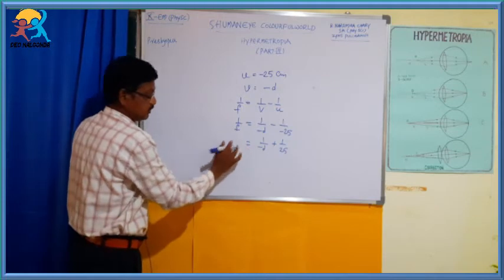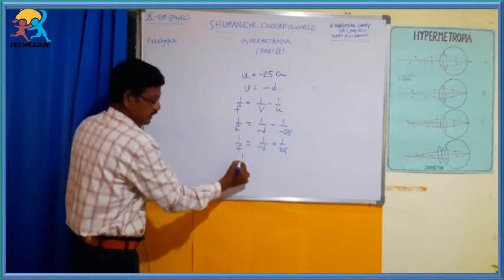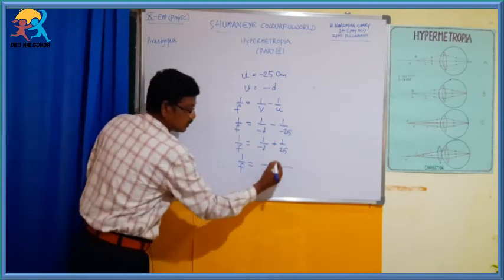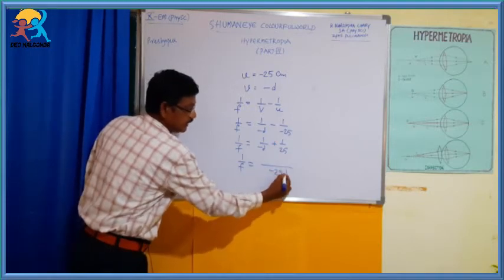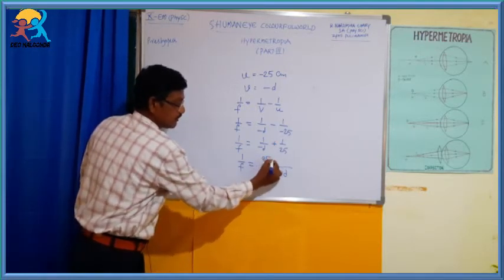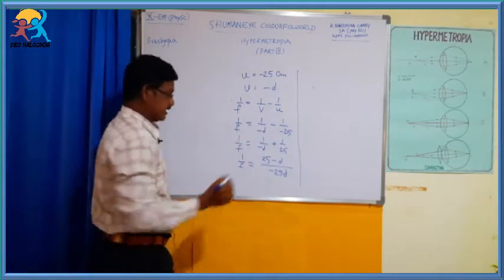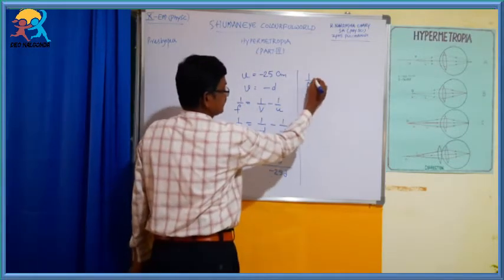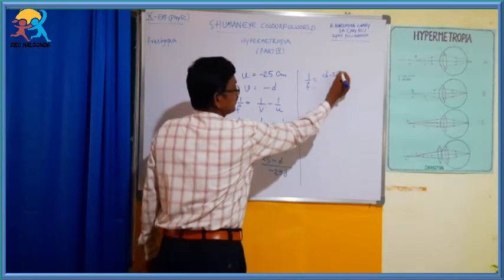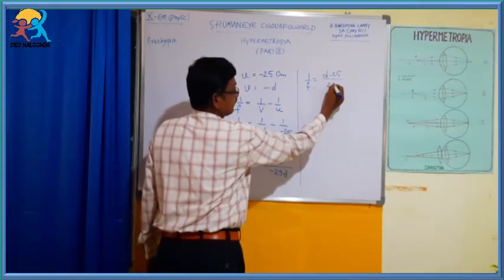Again, 1 by f equals minus 25 plus d by 25d, and further written as 1 by f is equal to d minus 25 by 25d.